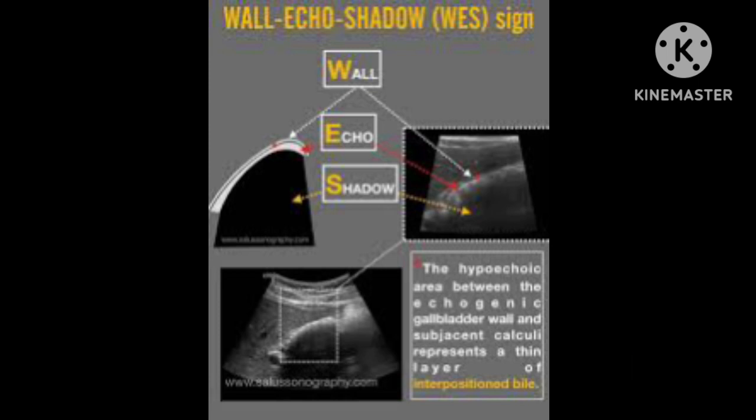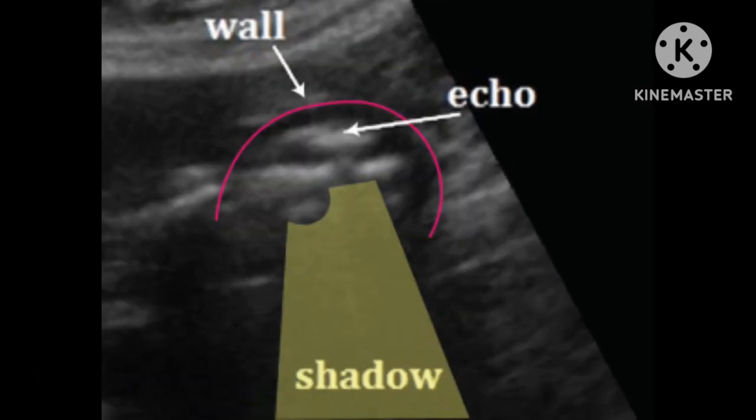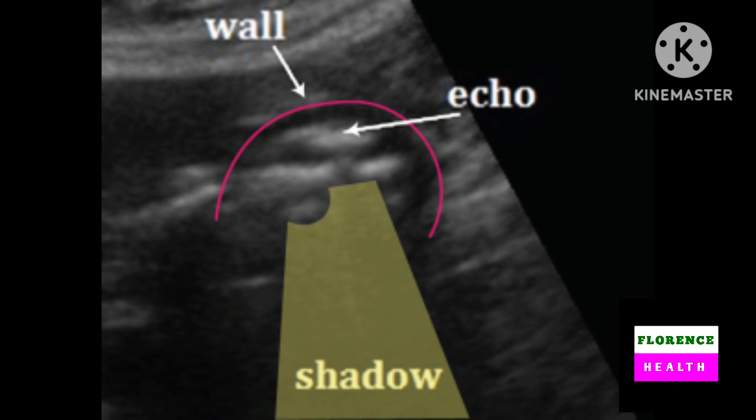The first line is formed by the gallbladder wall itself. The second line is formed by the gallstone itself. And in between the two lines there is a hypoechoic interface which is formed by bile and the inner muscular layer.